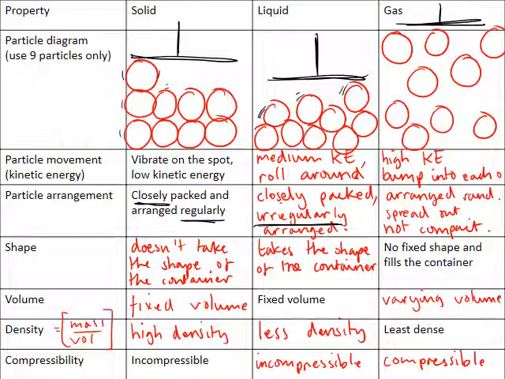And density now. Density is just how many particles you have per space or per volume. So solids have a very high density. Liquids, on the other hand, have slightly less density than solids, but they're still highly dense. And you know that they're slightly lower than solids because substances in their solid form sink in their liquid form.